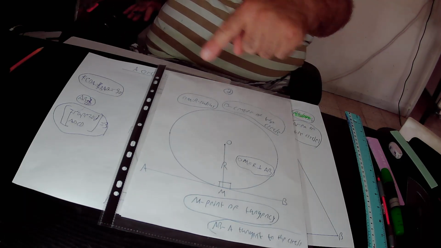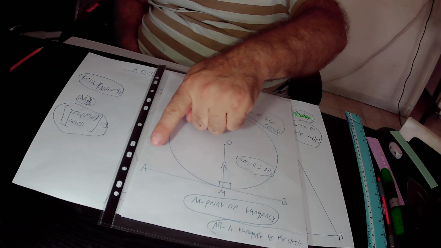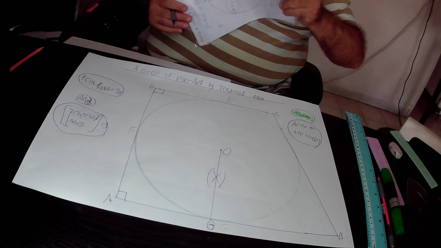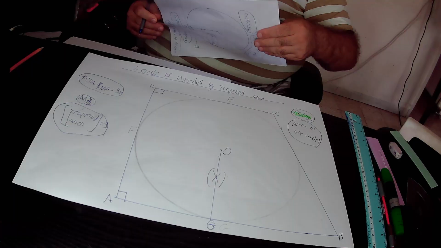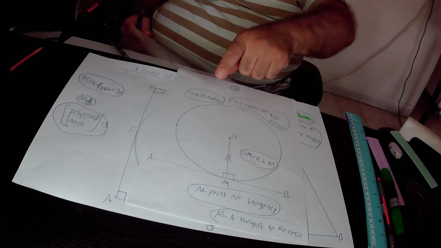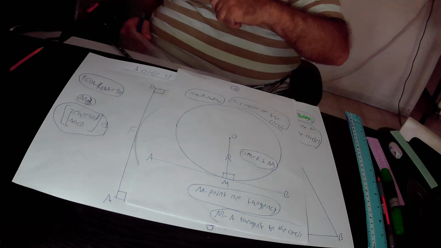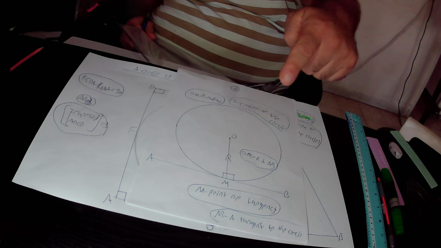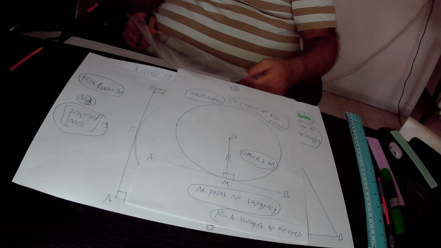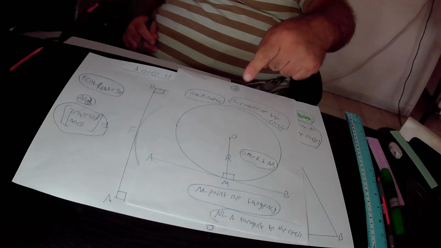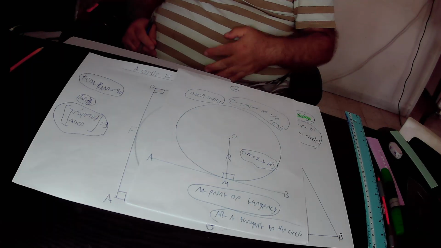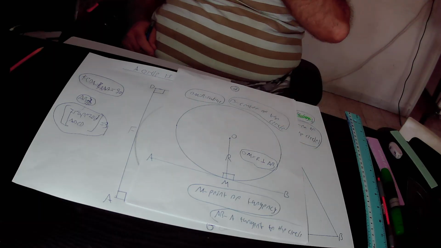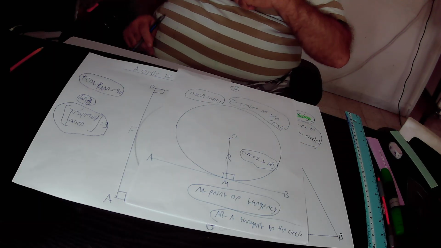In the drawing, we have a circle. This is tangent AB. This tangent touches the circle at point M. Point M is the point of tangency of tangent AB with this circle. In addition, we have the radius OM, which equals R. The radius OM is drawn to point M, the point of tangency of tangent AB with this circle.